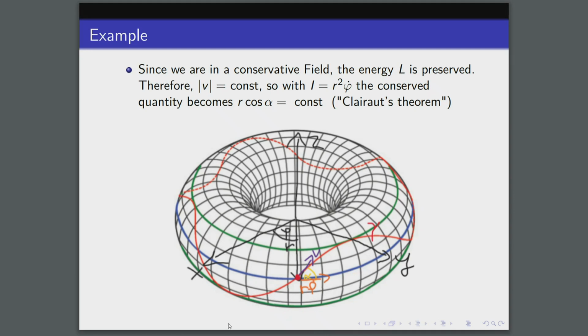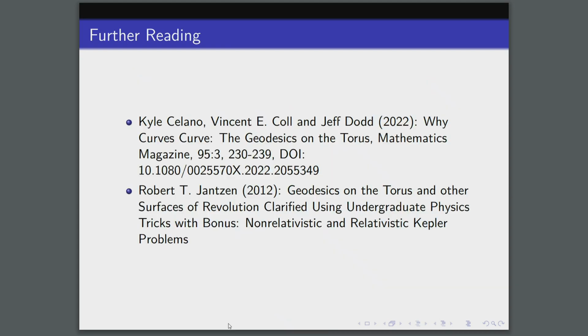And okay, as I mentioned, basically I had to change my whole talk yesterday. So I will give you some further reading in case you're interested in the movement of a mass point on the torus. This first article is really self-contained, so the only thing that you need to have visited is analysis 2 or some form of it.